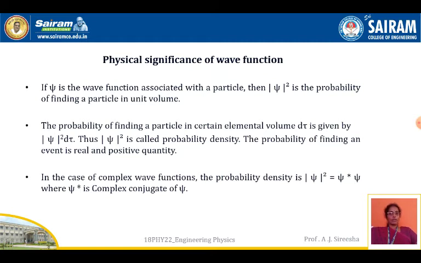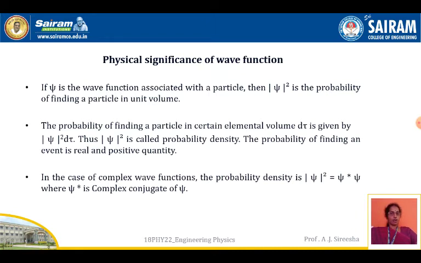The probability of finding an event is a real and positive quantity. In the case of complex functions, the probability density mod psi whole square is psi star psi, where psi star is the complex conjugate of psi. You should be good at all this terminology in order to go on to further theorems or derivations in quantum mechanics.